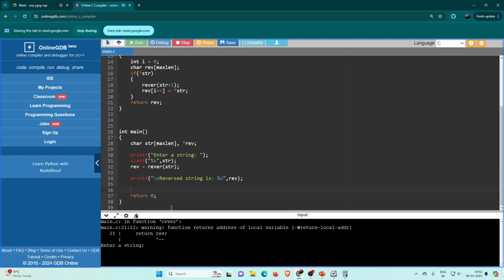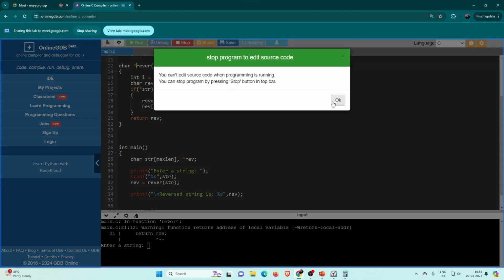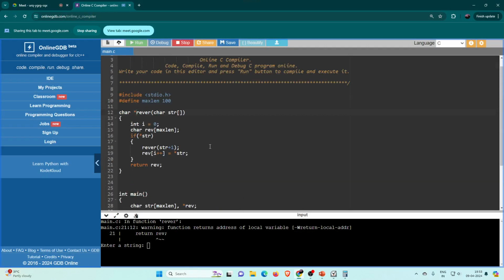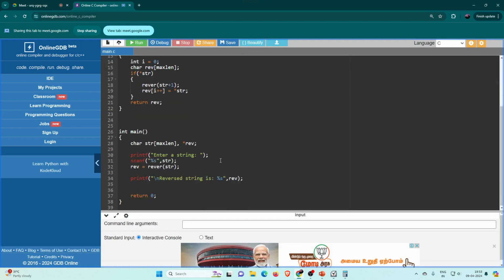Did I make a mistake here? Return rev. In function rev, function returns address of local variable. Oh, but it's still running. I stopped it. Yeah, I had made a small mistake here.